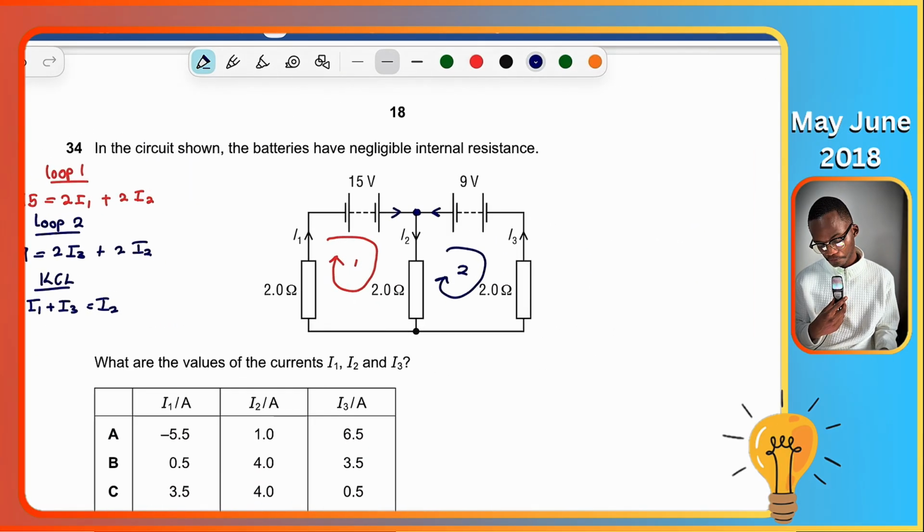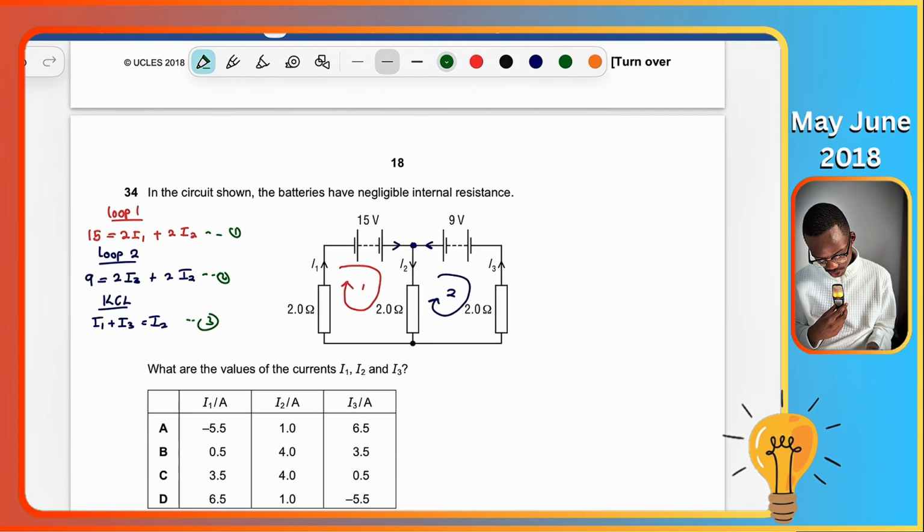So let's do that. Let's call this equation 1, equation 2, equation 3. If you look at equation 3, we have I2 is equal to I1 plus I3.